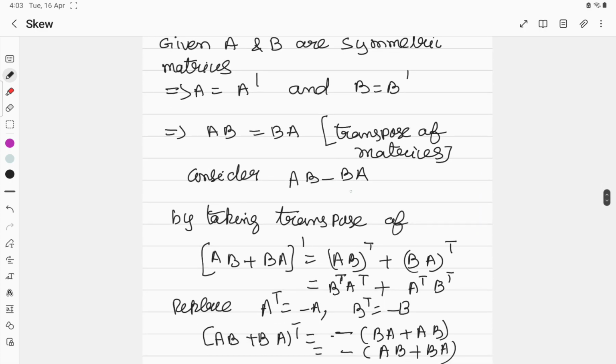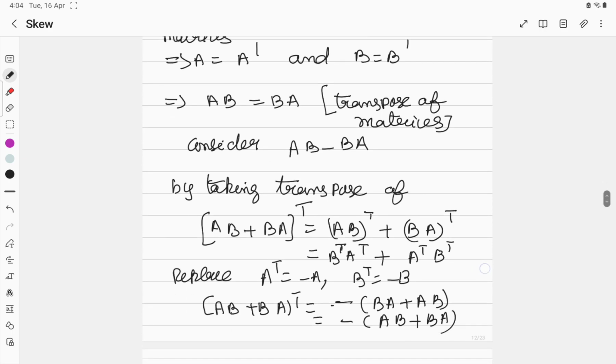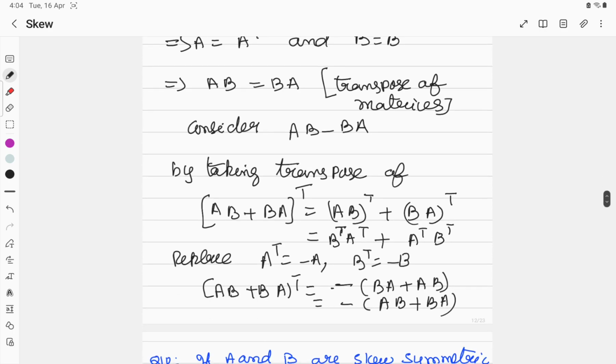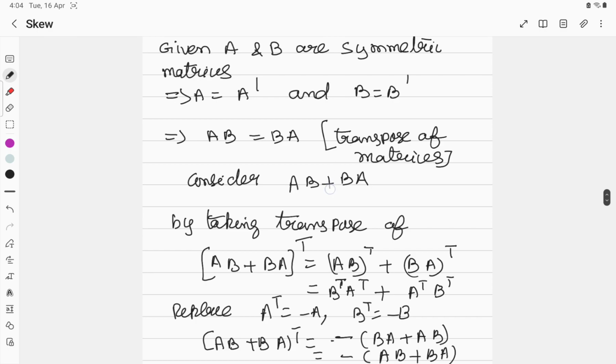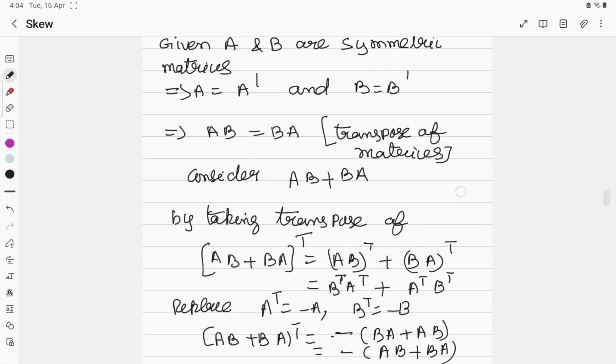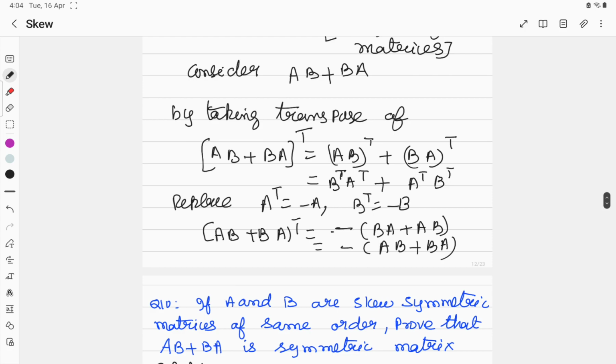So take AB minus BA. Consider AB plus BA. Taking transpose of AB plus BA, we know that it is (AB) transpose plus (BA) transpose.